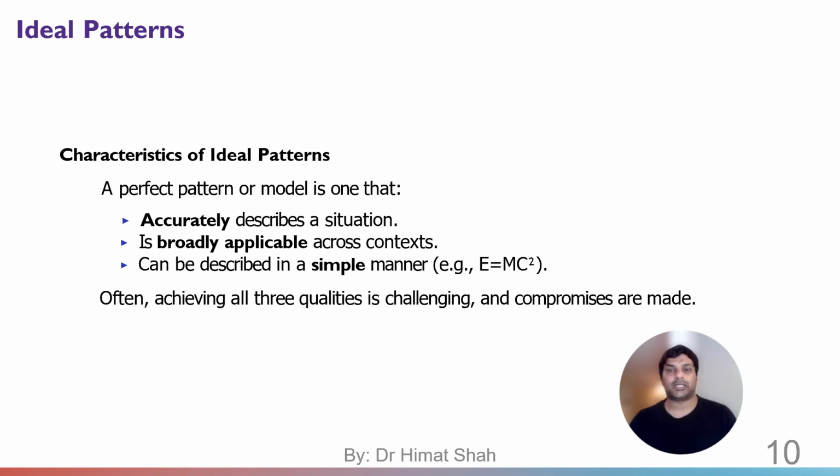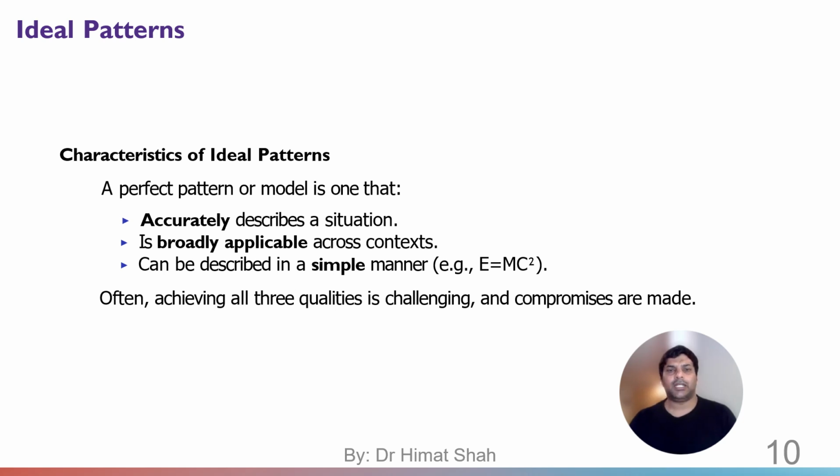It should work across different scenarios. For example, the Pareto principle, where 80 percent of sales come from 20 percent of employees, applies in economics and in everyday life. Number three, an important part, is simplicity.